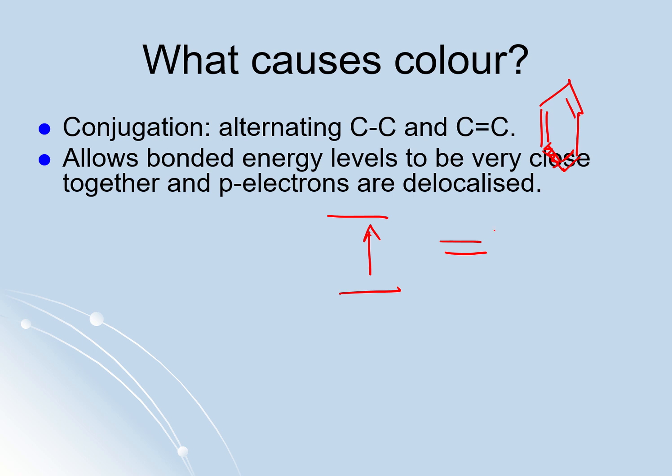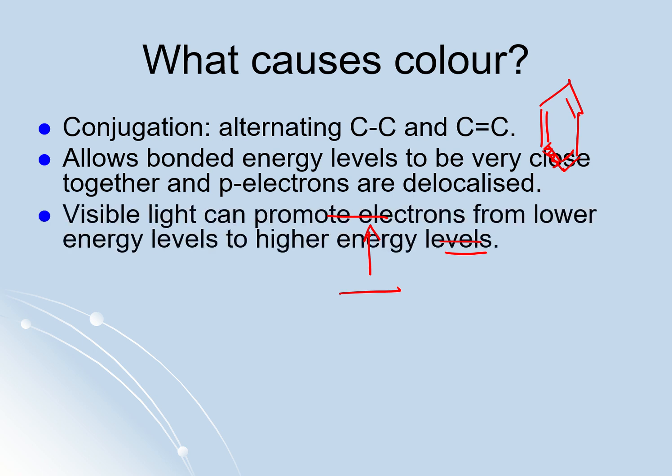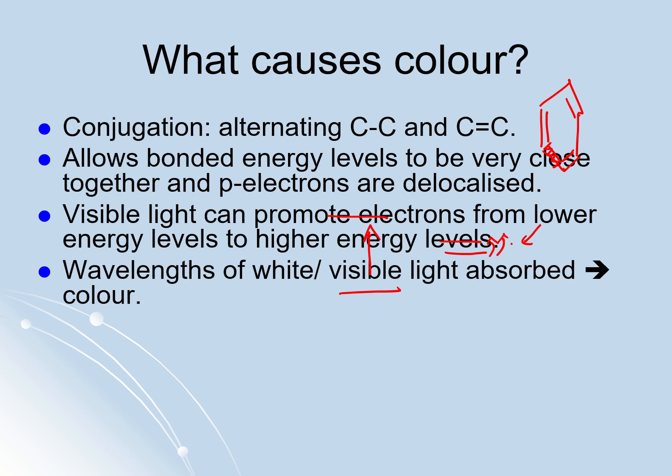Okay, so how does that cause colour? Well, that means that visible light can come in and cause the electrons to be promoted from the lower energy level to the higher energy level, and the wavelengths of visible light therefore get absorbed. So this is our visible light coming in, promoting the electrons from lower energy level to higher energy level.